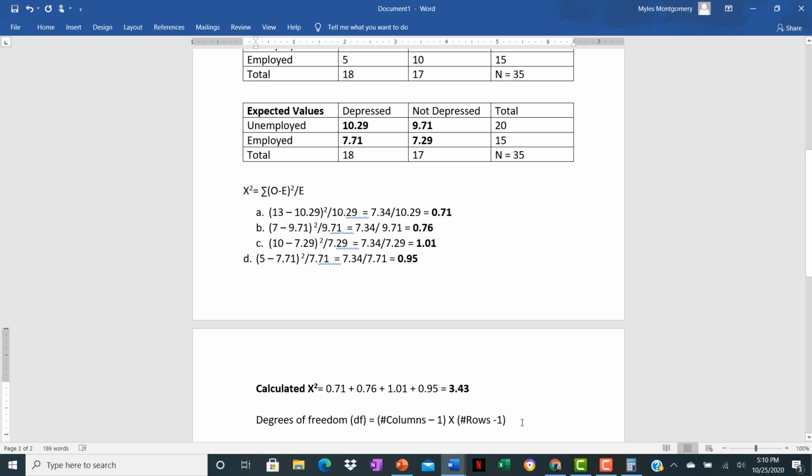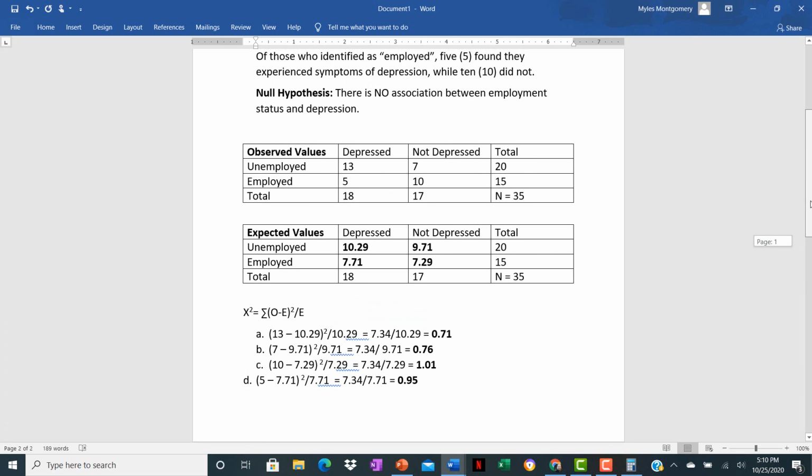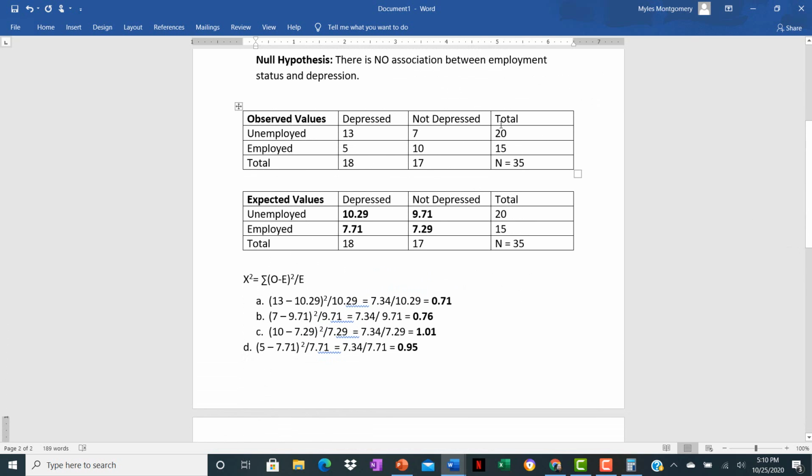We're not counting titles and totals here, so looking up here, we have just 2 columns.